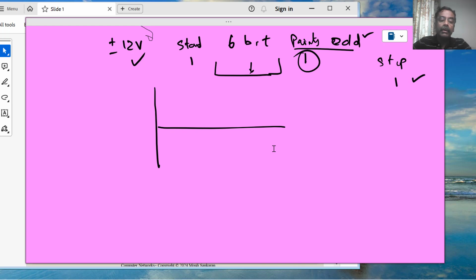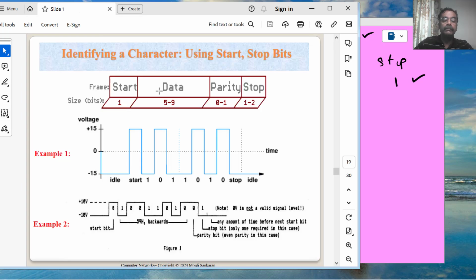You should also remember that minus 12 volts corresponds to a 0 value, and plus 12 volts corresponds to a value of 1. The start bit has to be a value of 0, and then the stop bit has to be a value of 1. It should be high.